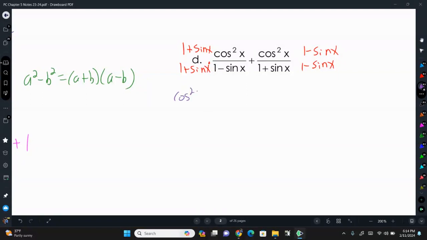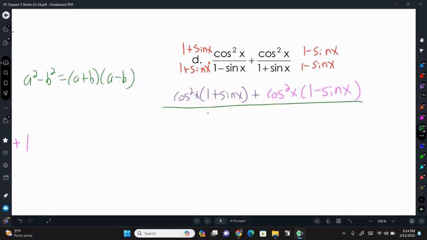So I have cosine squared x times 1 plus sine x plus the second fraction, cosine squared x times 1 minus sine x, all over the common denominator, 1 plus sine x times 1 minus sine x.